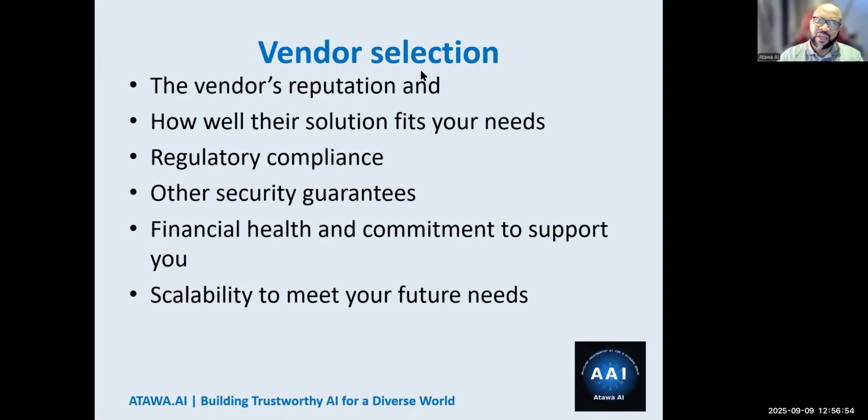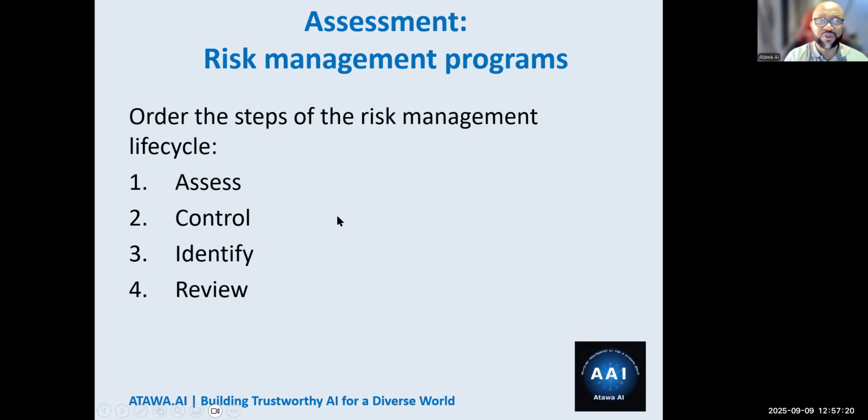A lot of this has to do with whether you selected the vendor with enough information. You need to select vendors based on their reputation, how well their solution fits your need, regulatory compliance, financial health, and obviously their commitment to support you and scalability if you need to expand in the future, right? These are considerations when you're trying to select a vendor.